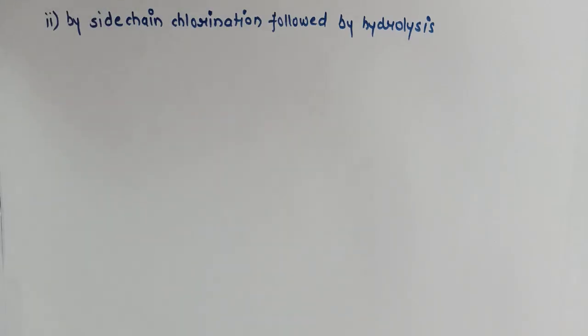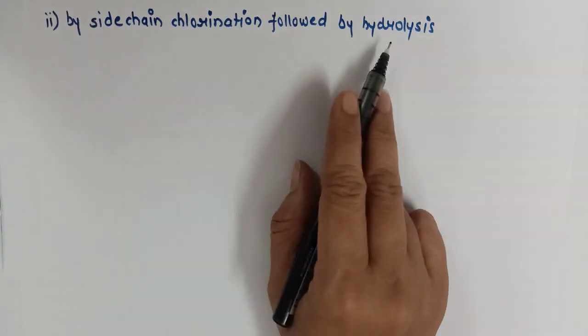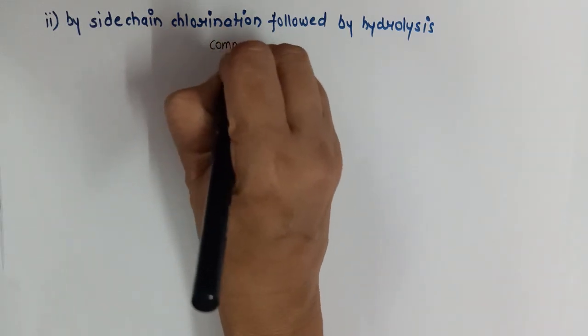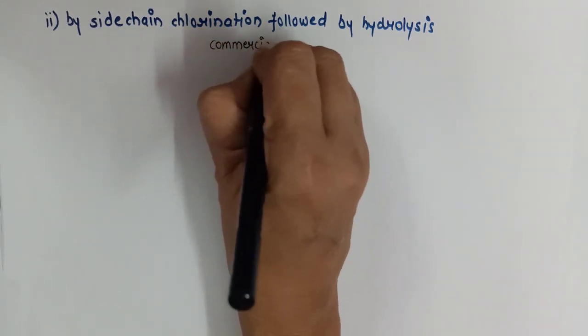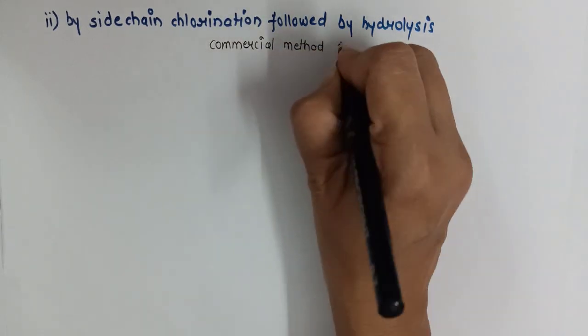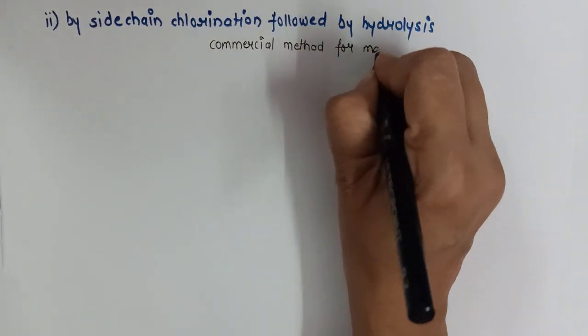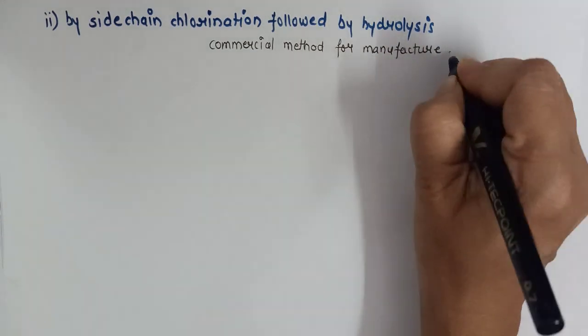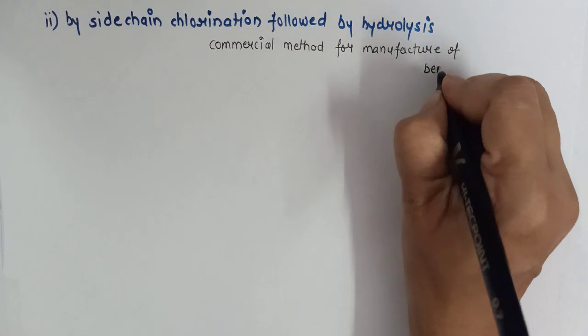The second method for the preparation of aromatic aldehyde is by side chain chlorination followed by hydrolysis. It is basically a commercial method for the manufacture of benzaldehyde, and therefore it has more importance.